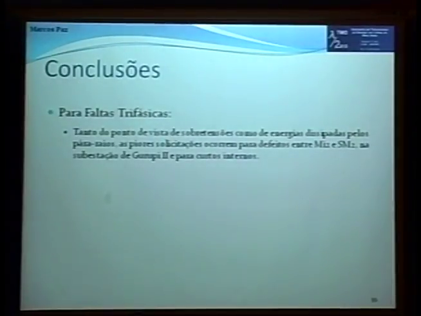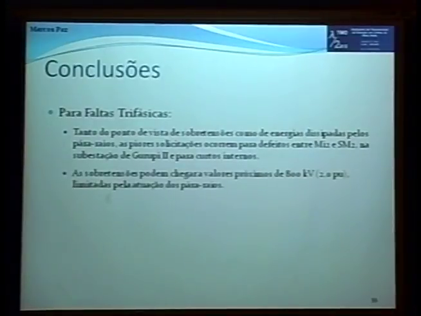And for three-phase faults, just quickly concluding, both from the point of view of overvoltages and from the dissipated energies in the surge arresters, the worst cases happen in a very defined region located between Miracema 2 and Serra da Mesa 2, focused on the substation of Gurupi 2.